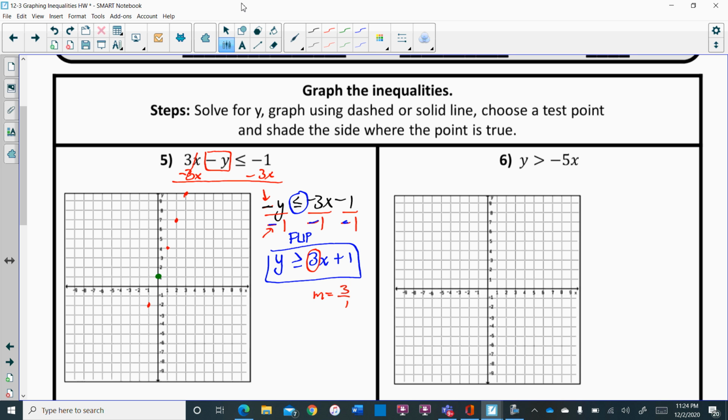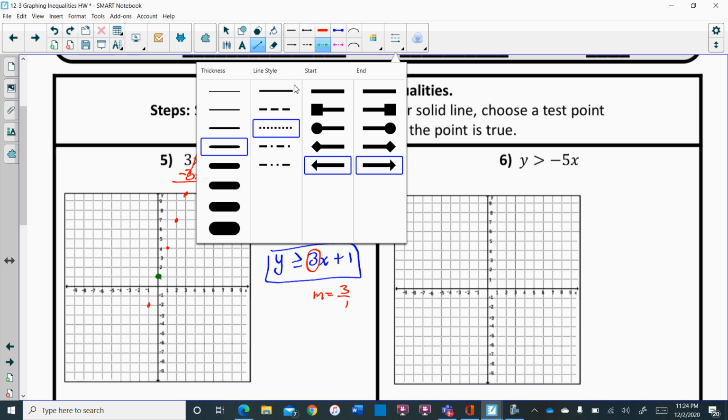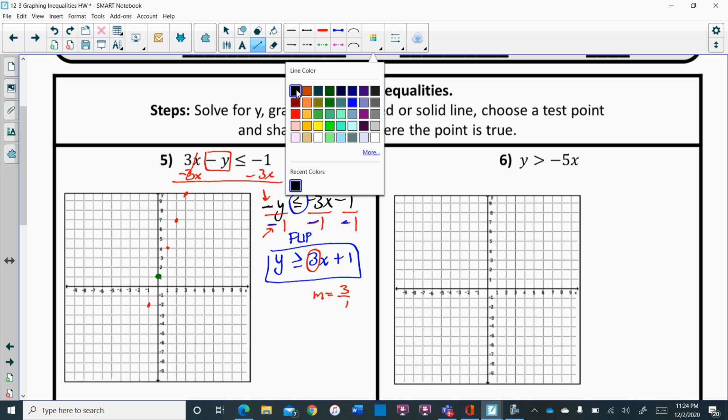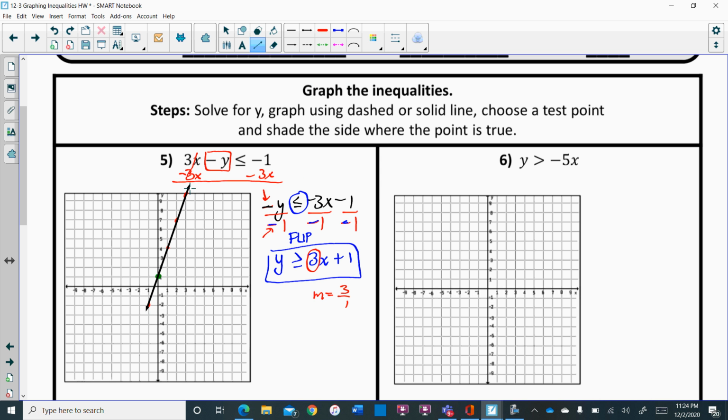I'm going to use the app. This symbol has a line underneath it, so you're saying less than or equal to. That means we're going to have a solid line. So I'm going to connect these points like such. We need to extend this line so it's across the whole graph.